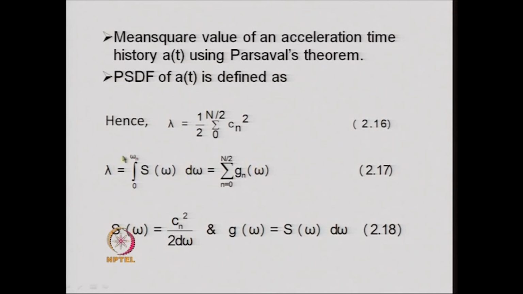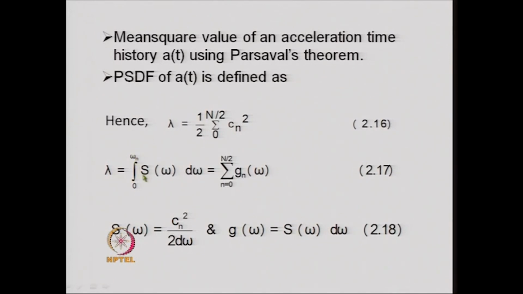Now this integration can be converted into a summation, provided we say that there is a function Gn, and this Gn varies with every frequency, and the Gn value will be nothing but S(omega) into d omega.